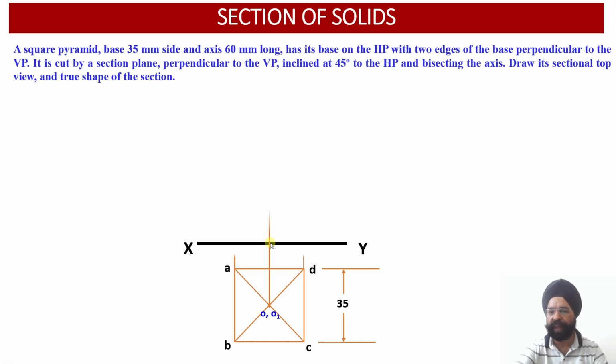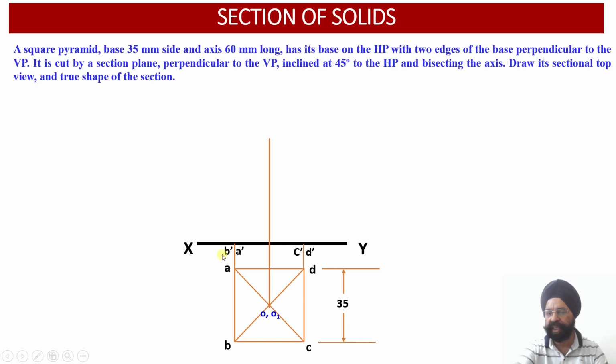Now let us draw the front view projections. In order to draw the front view projections, we are going to look from this side. Since the base of this pyramid is resting on the ground, once you draw the projectors through B and A, they will meet the vertical plane on the XY reference line.